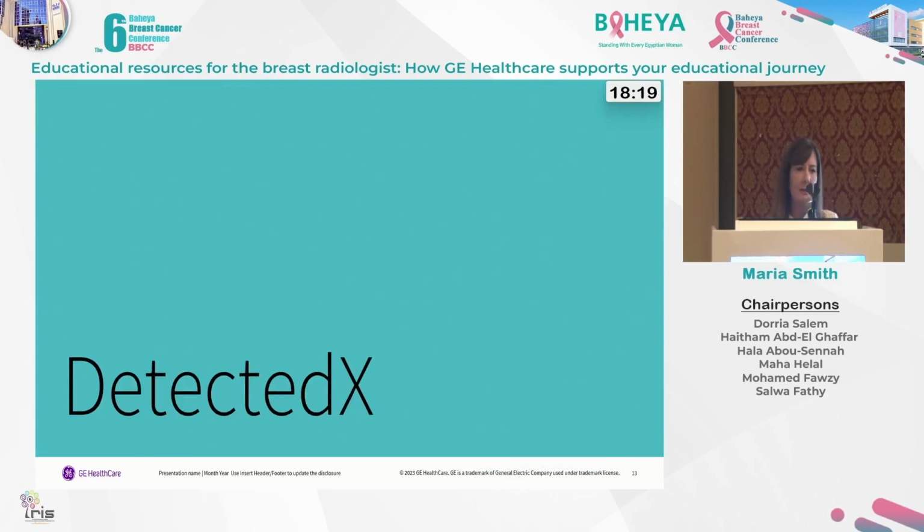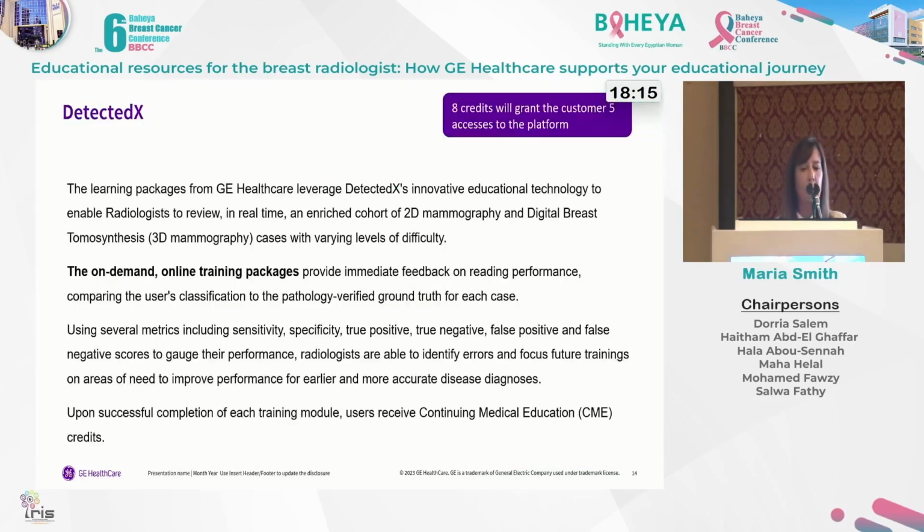Over and above that, there's something called DetectedX, which I think, again, might be really interesting. We've worked with DetectedX, and we have put together a cohort of 2D and 3D cases, and you're able to literally log on from any laptop and review these cases. There are various different levels of difficulty.